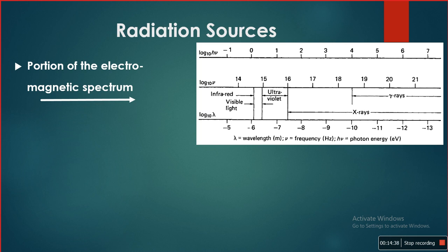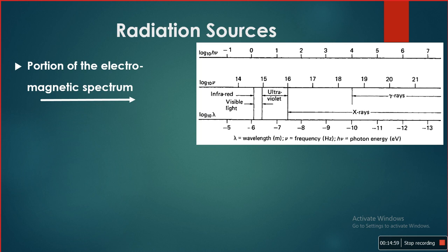First one wavelength, second one frequency, and next one photon energy, which is shown in the notation of h nu, and the unit of that photon energy is electron volt.